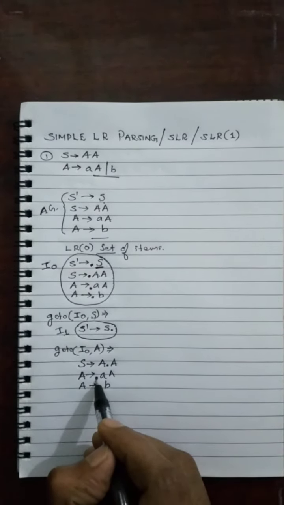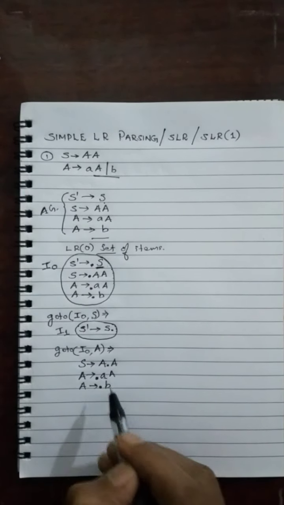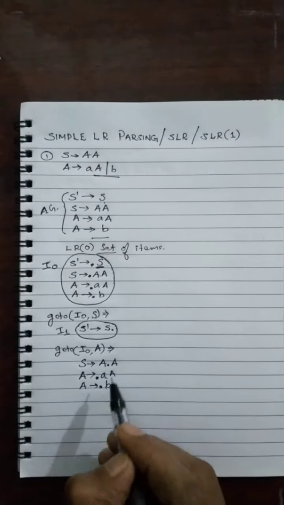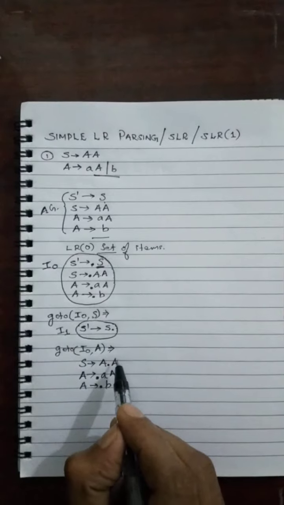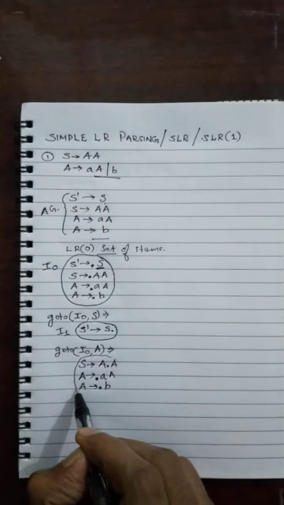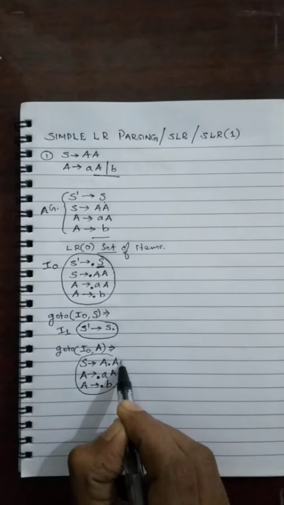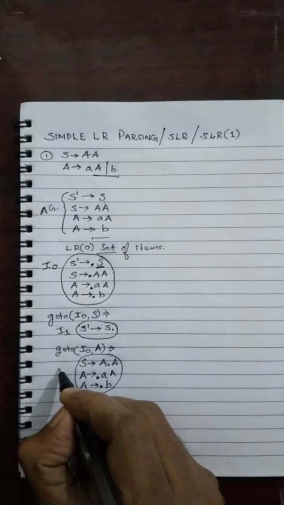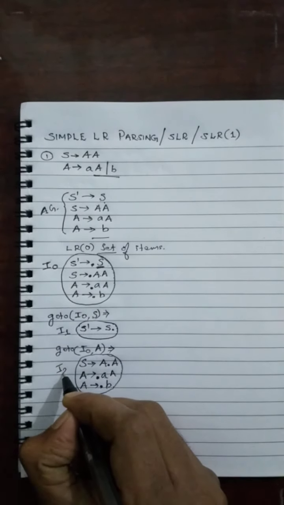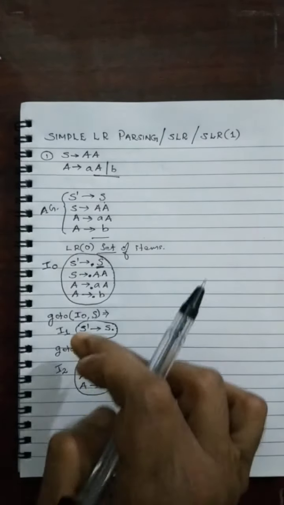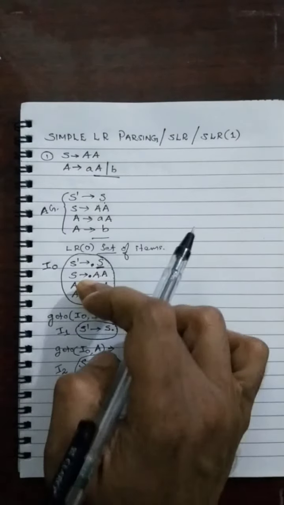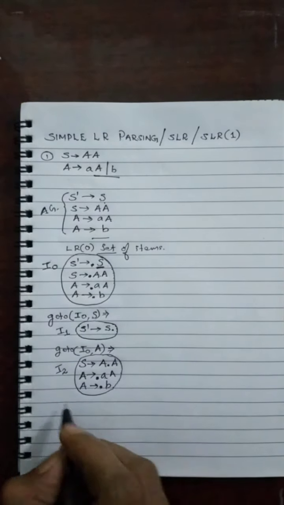Again see what is there. After dot you have small a, after dot you have small b. These are terminals, so you need not add any further productions to this set of items. Now I name this as I2, because this is different from the already found sets of items.